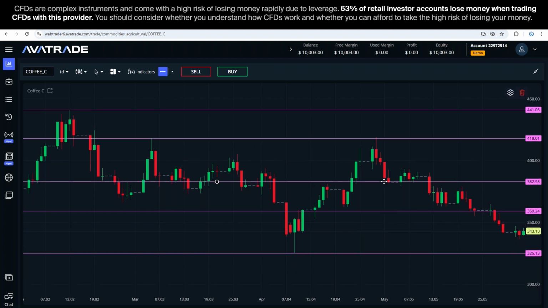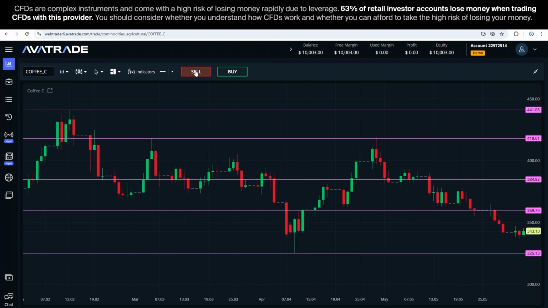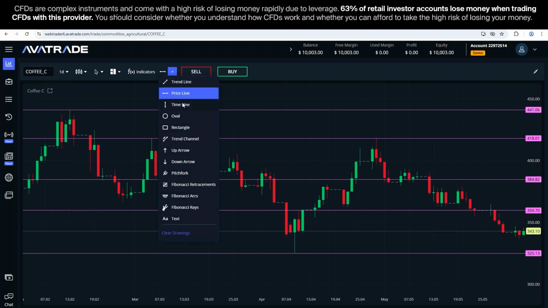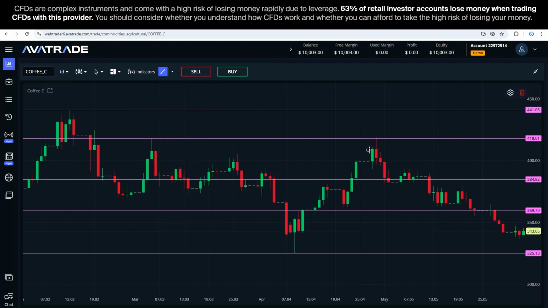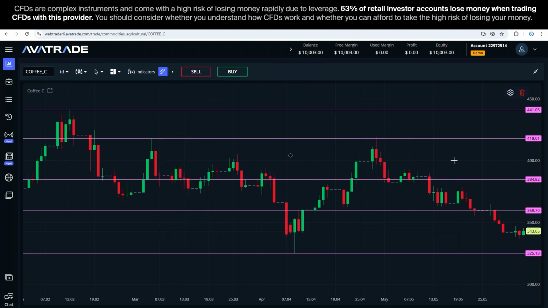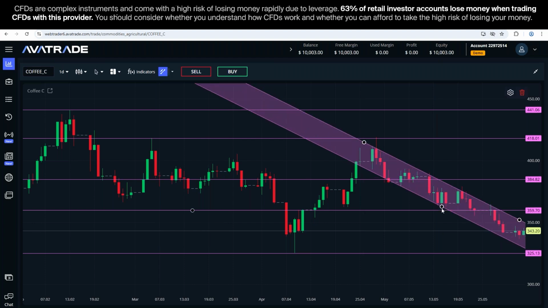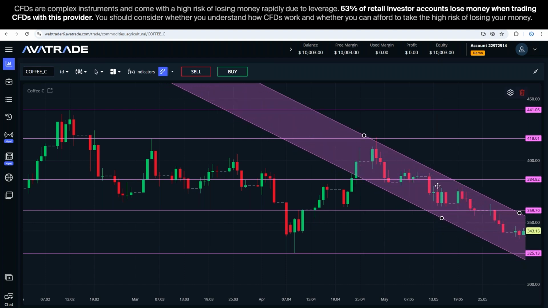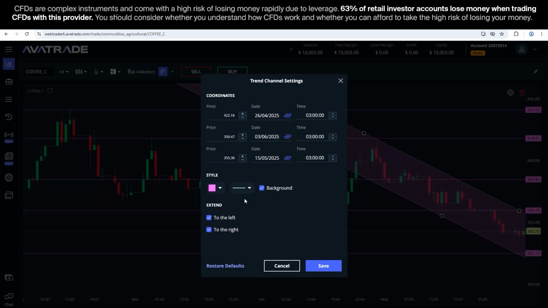Okay, and I guess we can all see, if we take here a trend line, that's not what I was looking for, just this one. It might be easier to convey what we're looking at. There we go.